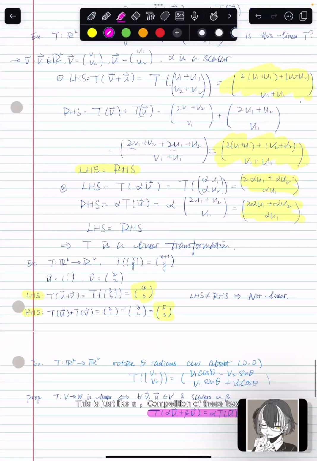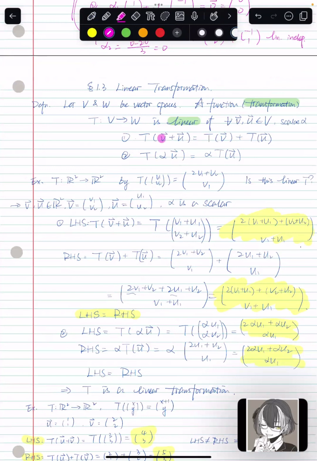So this is just a combination of these two: first, the addition of vectors, and second, the scalar multiplication of vectors.